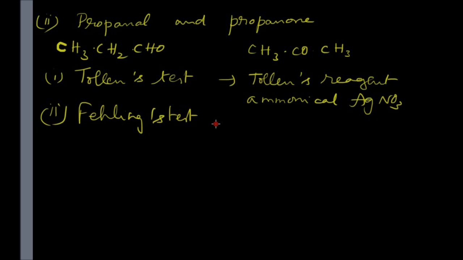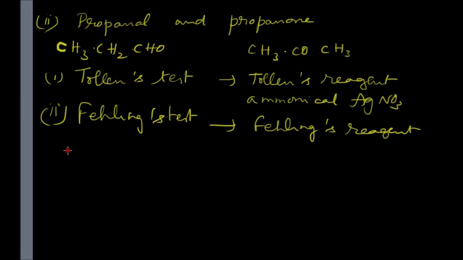And Fehling's test has Fehling's reagent, which is a mixture of two solutions. One is copper sulfate solution, the other one is sodium potassium tartrate. I am not going into the details of that now.